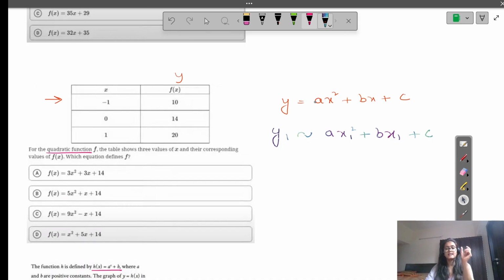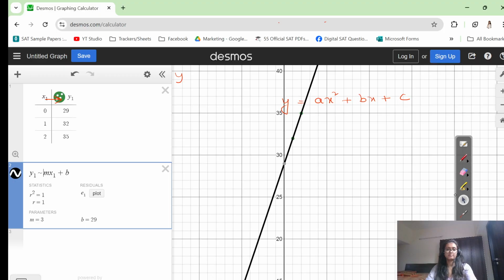Okay, and then DESMOS will give you the values of a, b, and c. Let's do that.